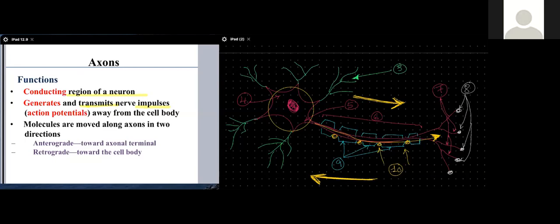So again, we can conduct the electrical signal from the cell body to the telodendria. This is an anterograde conduction. We can conduct the signal from the telodendria to the cell body of the nerve cells. This is a retrograde conduction.